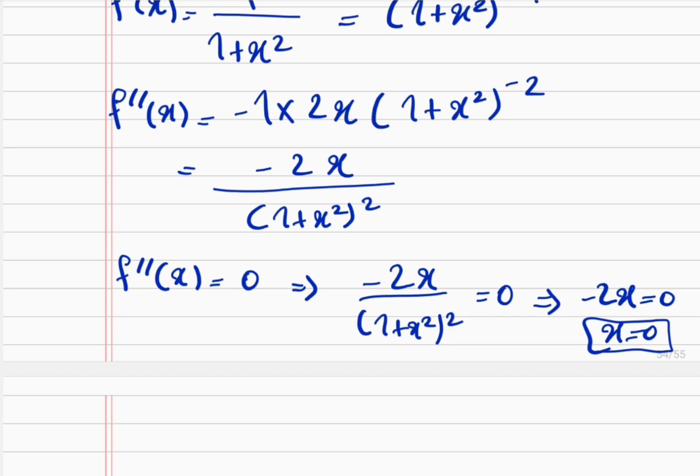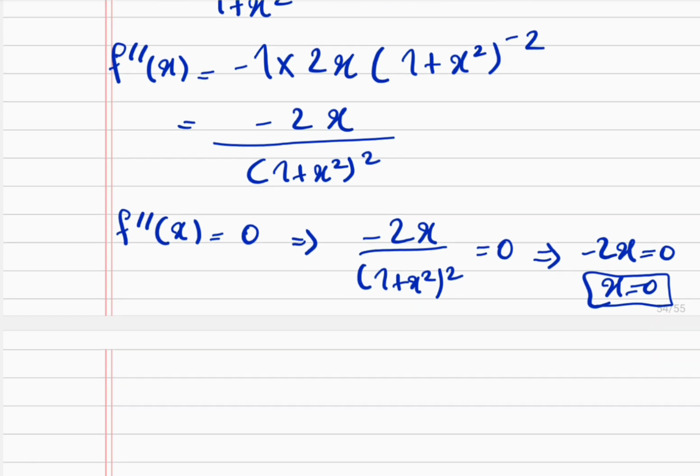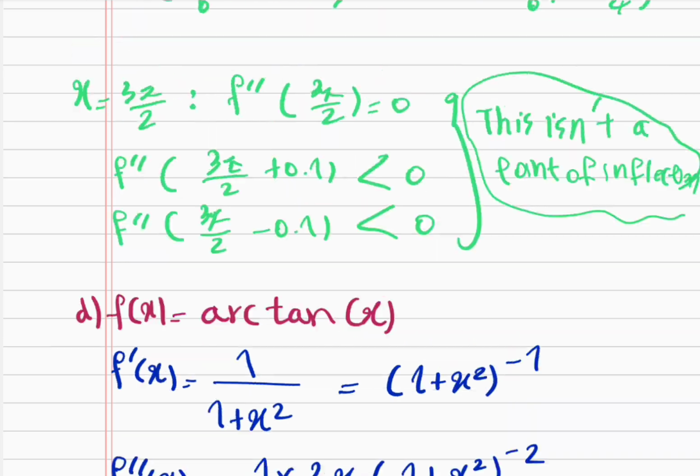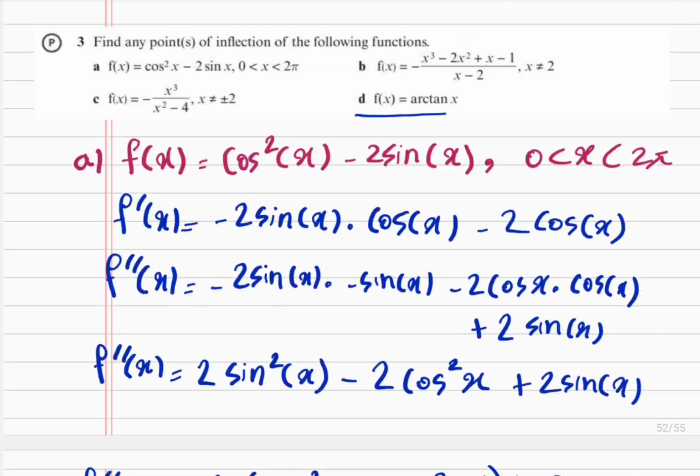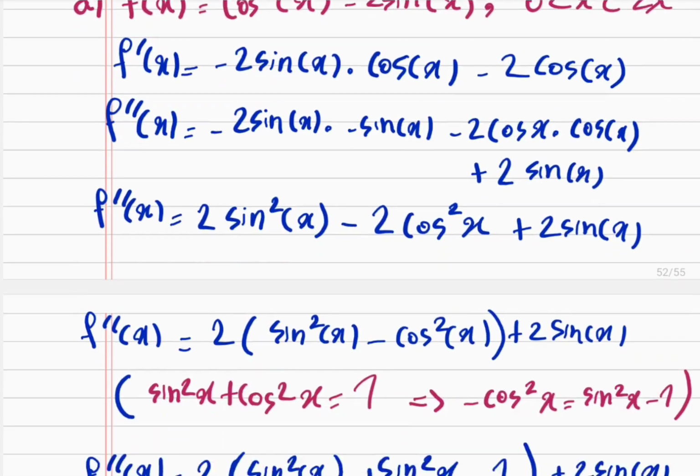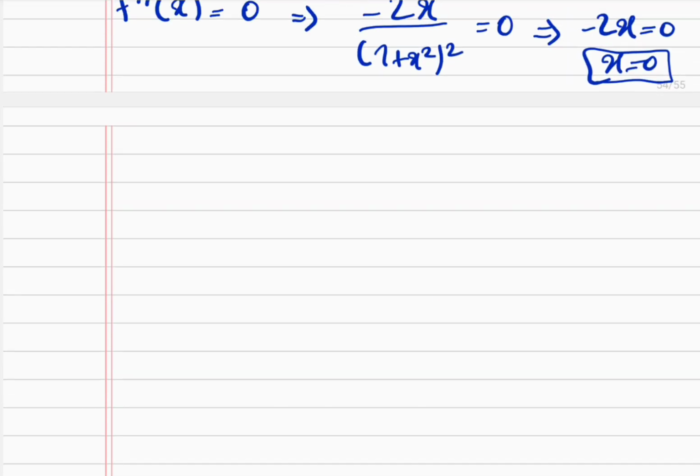No, because of the second condition, which I'm about to show you in a few seconds, you'll see that sometimes some of the points will fail, and then they don't satisfy the condition, so they are not a point of inflection. If you're curious about those cases where you get multiple values of x, I strongly recommend you watch the previous video in which I solved part A, which is an interesting case.